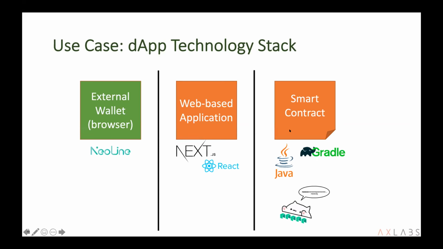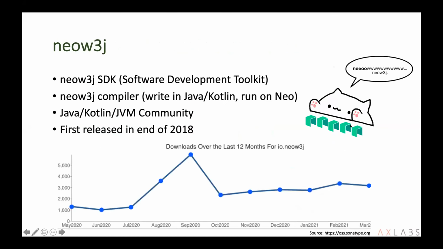As you can see here, we don't have a backend. We could have a backend between the smart contract and the web-based application to do some caching, or to have some convenience layers or a small database to help the users display other information, etc. But we decided to simplify and just have smart contracts on chain, and a web-based application interacting with the smart contracts and also interacting with the wallet.